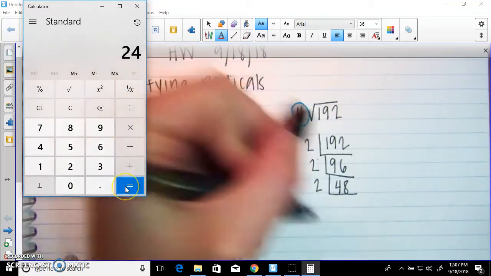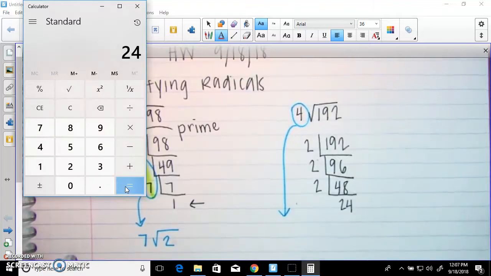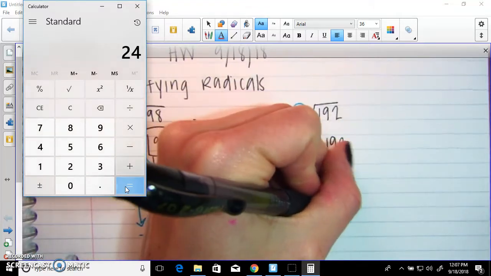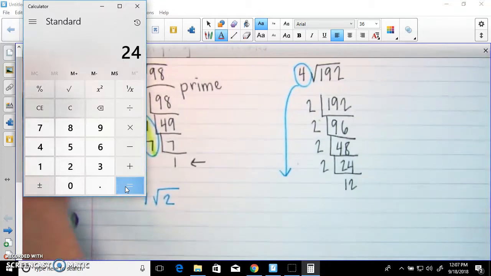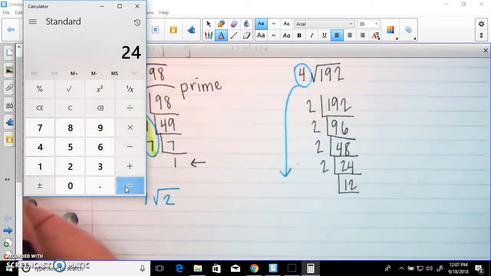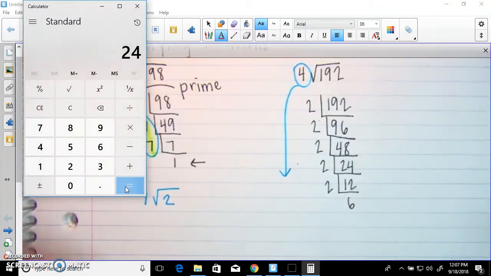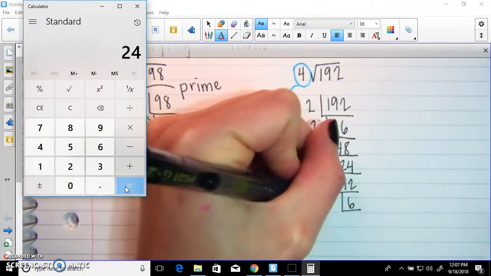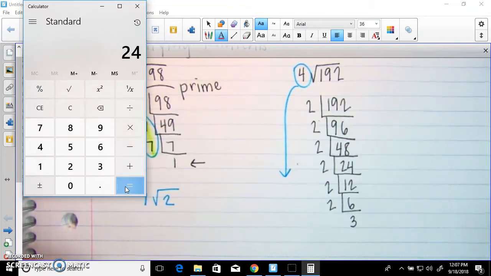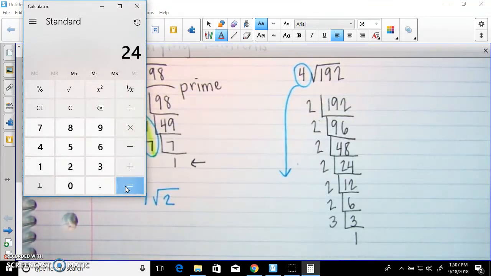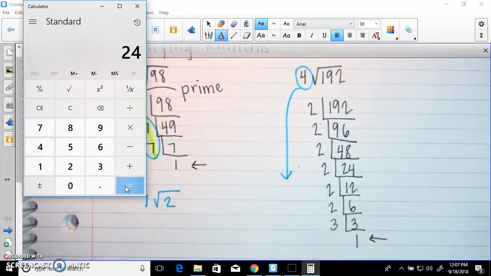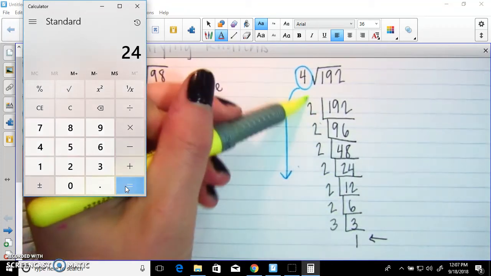Divide by 2, we should get 24. 24 is also even. Divided by 2 again, we get 12. Divide that by 2, we get 6. Divide that by 2 again, we get 3. And we're left with 3. Divided by 3 is 1. Okay, so that 1 means that we are finally done with all of our prime factors.